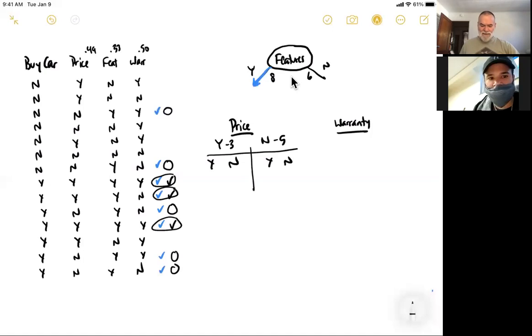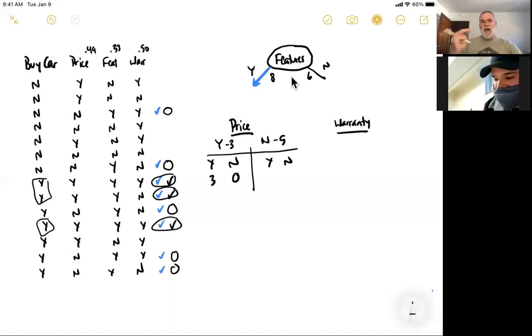Let's tally what the results were over here for if they're going to ultimately buy a car or not. And here we see they were all yeses for buy car. So we've got a 3 and 0 there.